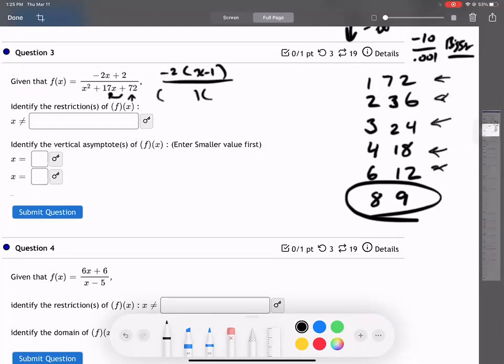So we know our factors are going to become x plus 8, x plus 9. Now, what values can we not use because we would be dividing by 0? X cannot be -8 and -9. Those are our restrictions. But also remember, these are also our vertical asymptotes. So we have vertical asymptotes at -8 and -9.